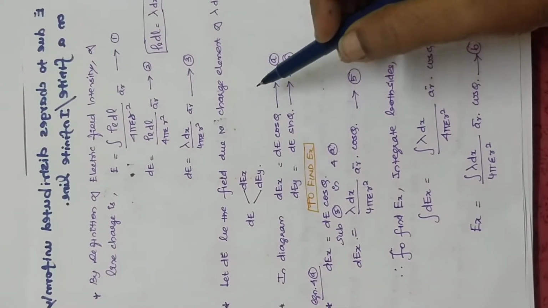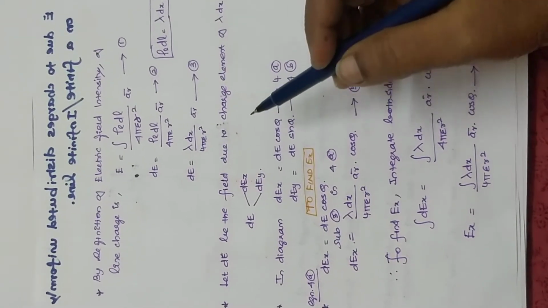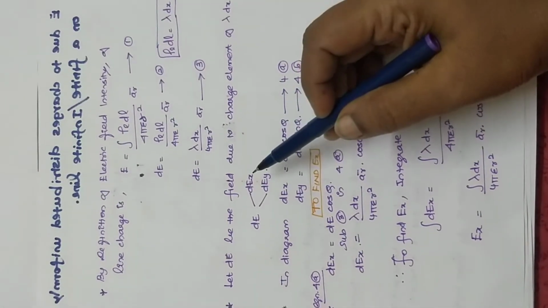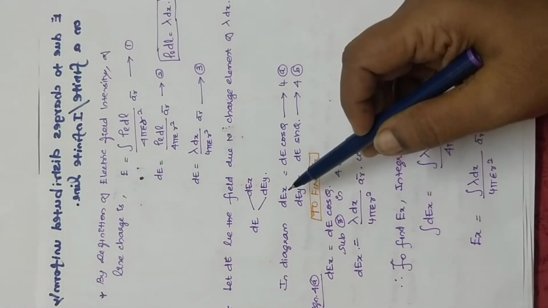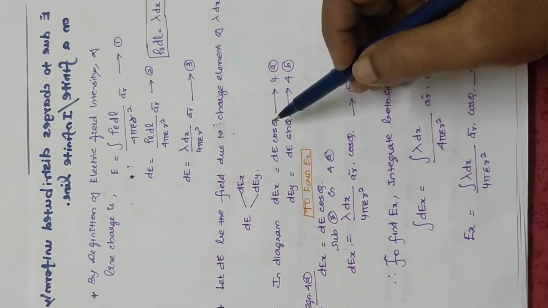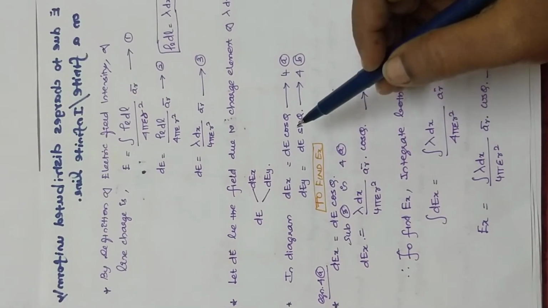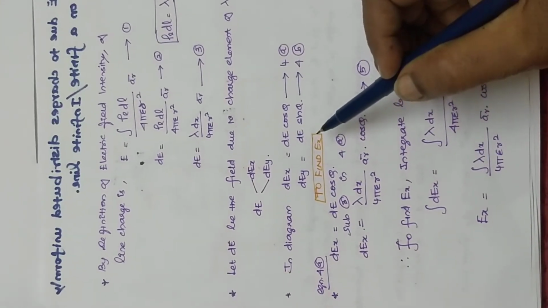Now, let dE be the field due to the charge element of lambda dx. So dE has components of dEx, dEy. In the diagram, I can say that dEx can be defined by dE cos theta, dEy can be defined by dE sin theta. First, our aim is to find Ex.